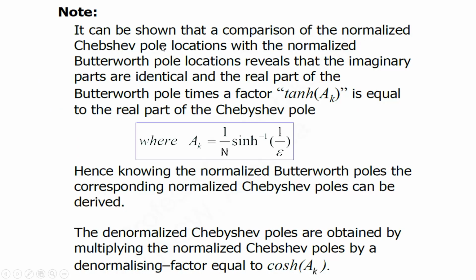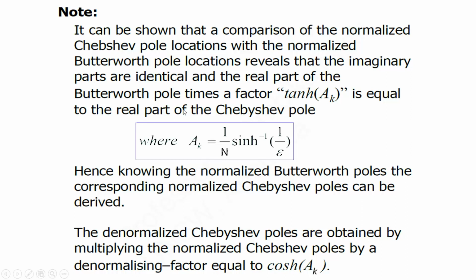Now it can be shown, though we will not derive it, that a comparison of the normalized Chebyshev pole locations with the normalized Butterworth pole locations reveals that the imaginary parts of the pole locations are identical.